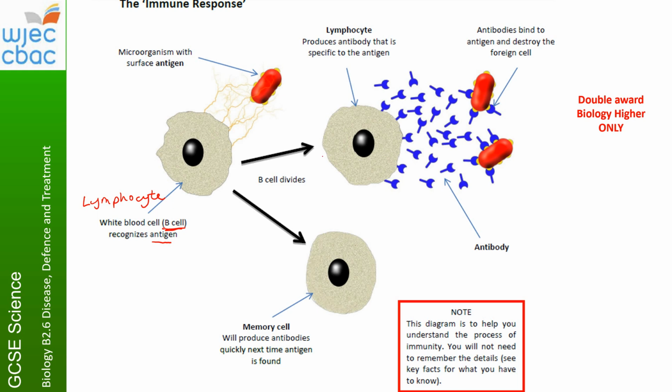The lymphocyte cell divides to create a lymphocyte that's going to start to make the antibody that's specific to the antigen. And if you look at the shape of these antibodies here, these blue structures are the antibodies. They have that crescent semicircular shape cut out of them, ready so the antibodies can bind to the antigen and destroy the foreign cell.